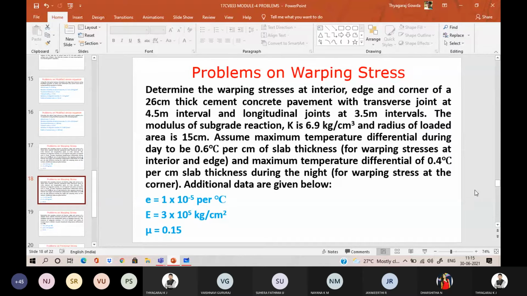If the thickness of the slab is varied, and transverse joint length is varied, longitudinal joint length is varied, temperature differentials are same. So kindly note down.